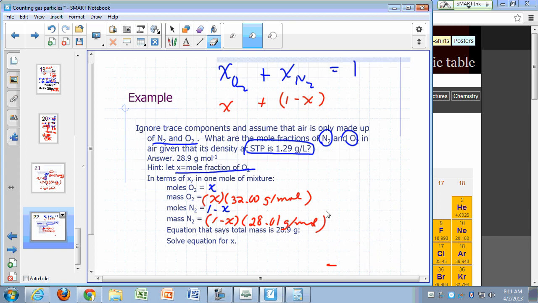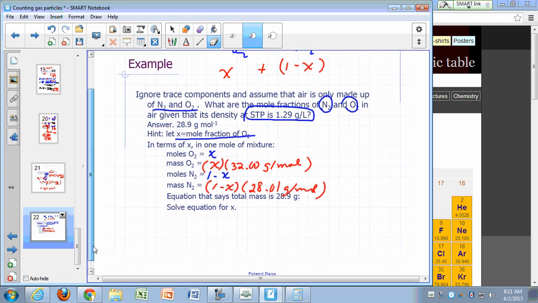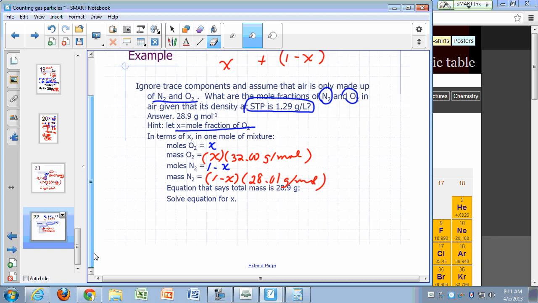Okay, so now all we have to do to solve for x is to find an equation that involves x, and that equation would be the one that says that the total mass is 28.9 grams.